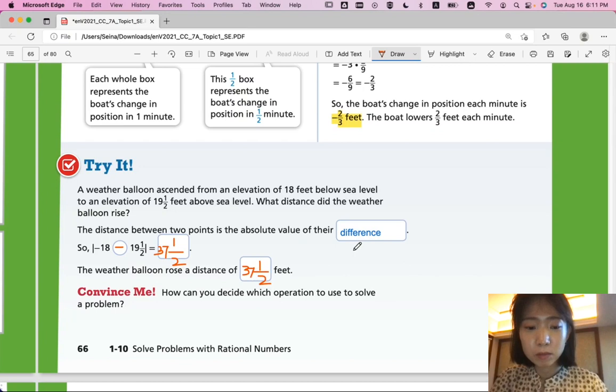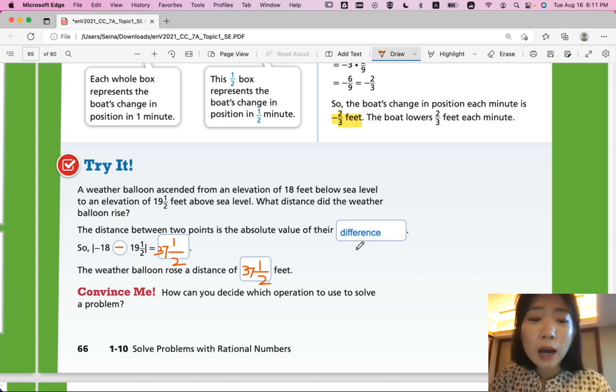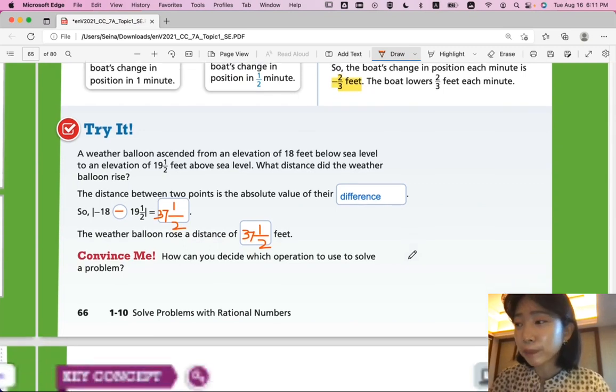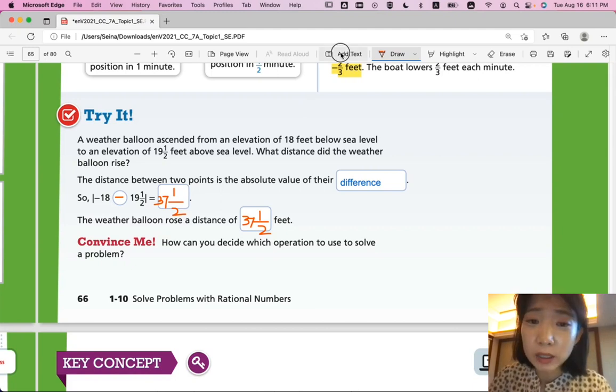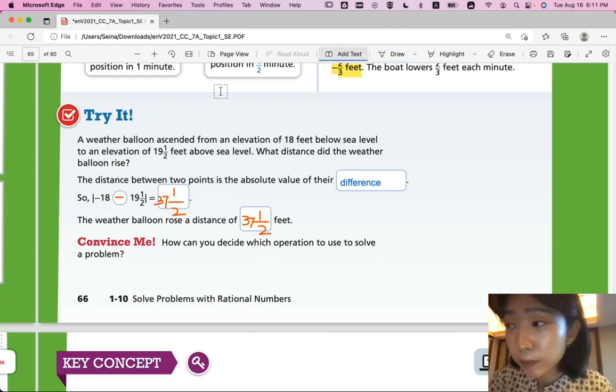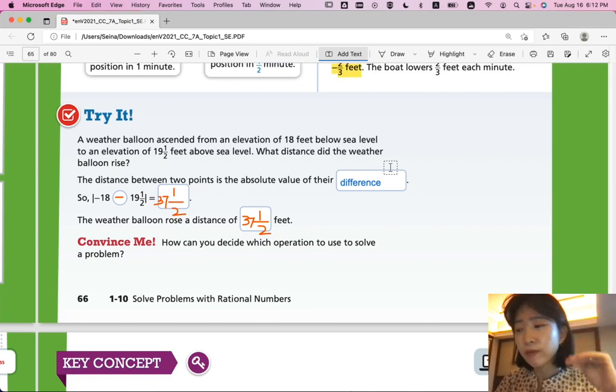Okay? If you got the answer correctly, good job. How can you decide which operation to use to solve a problem? How did you know if you needed to subtract or add or multiply or divide? Because when you understand, if you want to find the distance between 2 points, it's always going to be a difference.